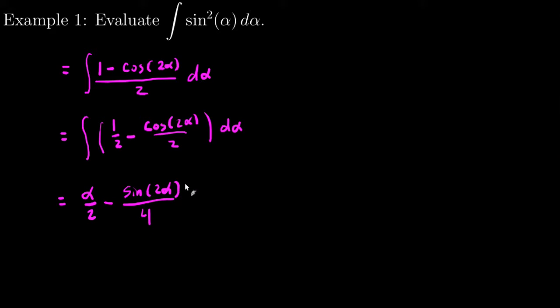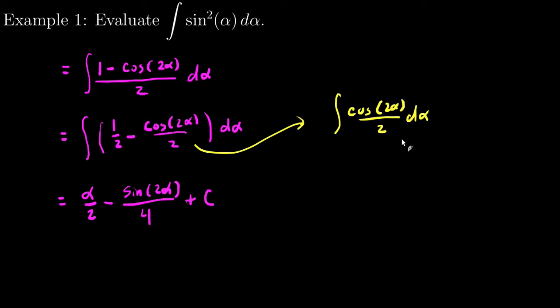Either I can do u substitution, or I can use the rule that I have a function of a constant times alpha. And so I'll explain why here. So we have the antiderivative of cosine of 2 alpha over 2 d alpha. And I can take the 1/2 out. Cosine of 2 alpha d alpha. And if I were taking the derivative, I would get a 2 times negative sine of 2 alpha.